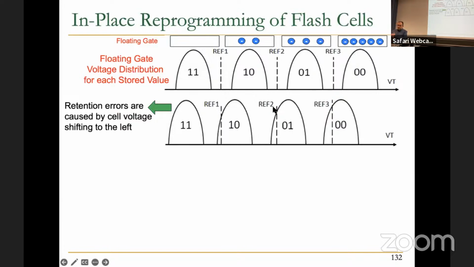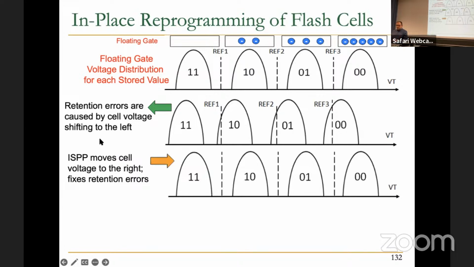Because of retention error, these distribution windows just shift to the left. And then you just need to apply ISPP to push it back to the right. So that can provide in-place reprogramming, or in-place refresh.